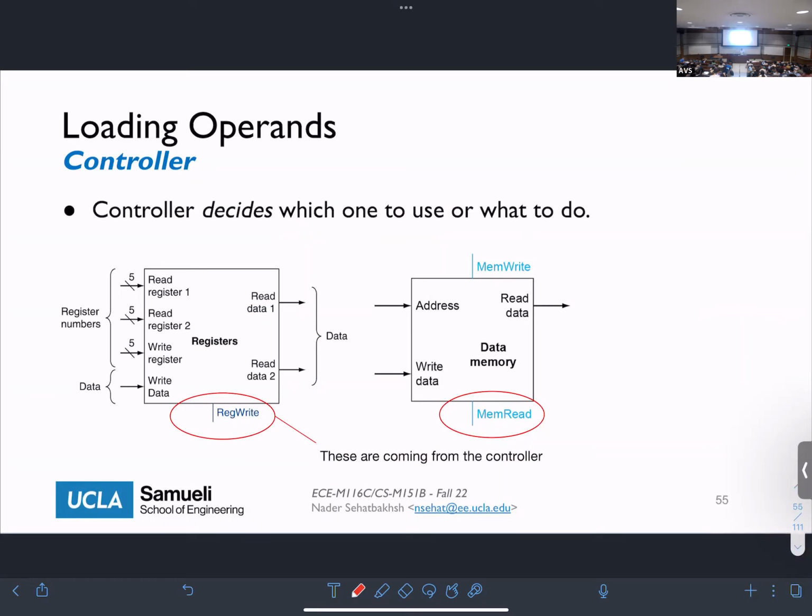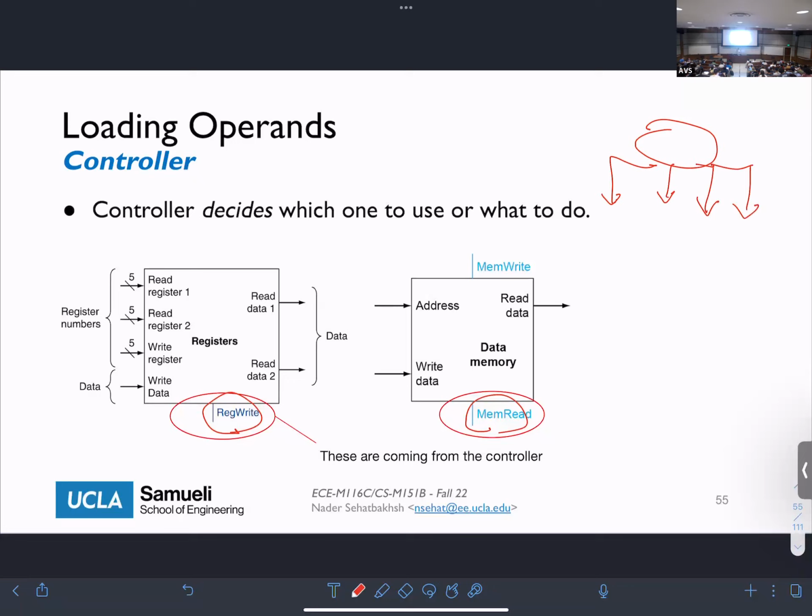You noticed that when I was showing the entire system and these different individual blocks, there were these blue lines that go inside each of these blocks, and I told you to ignore those. As you can see, each of them has a name like memread or memwrite or regwrite. These are actually the signals coming from the controller. Think about the controller as a block that sits on top of everything and has inputs to every single block that we want to use in our data path.